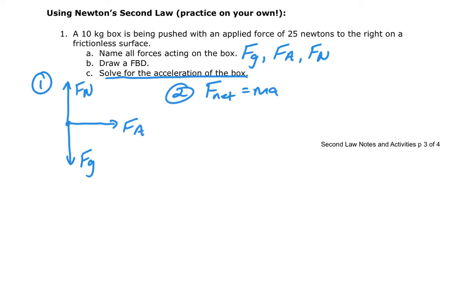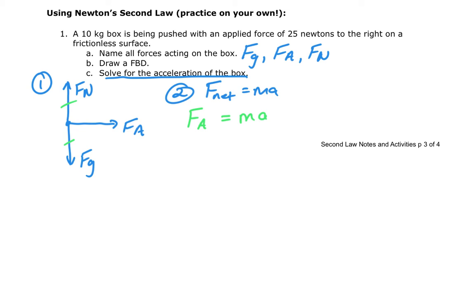So looking at my free body diagram, I can see right away that the force of gravity and the normal force are going to cancel each other out, so they're not going to contribute to the net force. That means the only force that is contributing is the applied force. So the net force is going to be equal to just the applied force, and that's the left side of my equation. The right side of my equation is simply still just the mass times the acceleration.